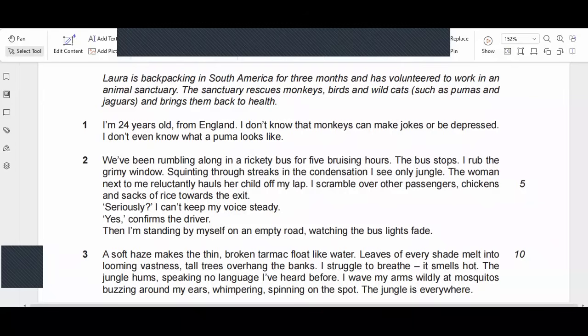She also mentions that she has no idea what a large mountain cat looks like, because she had never seen one before.